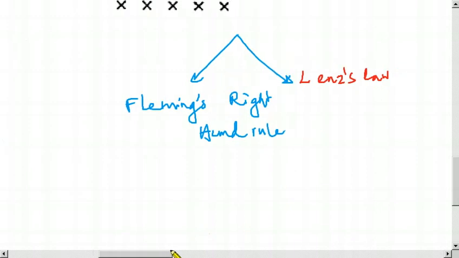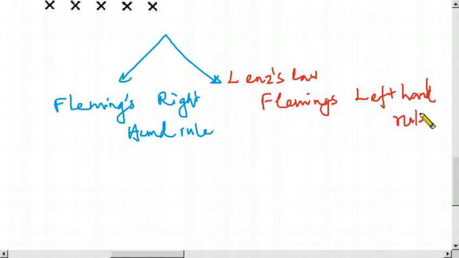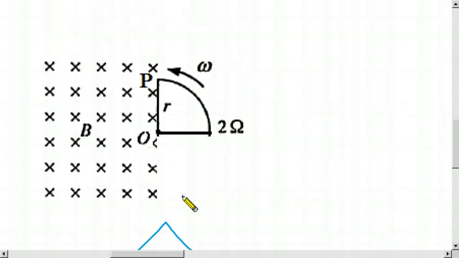But we have to get help from Fleming's left hand rule there. So let us first try the first method, Fleming's right hand rule.